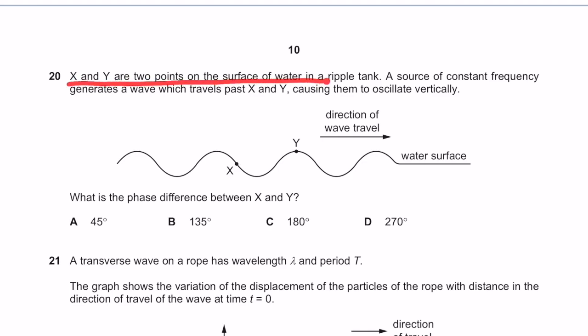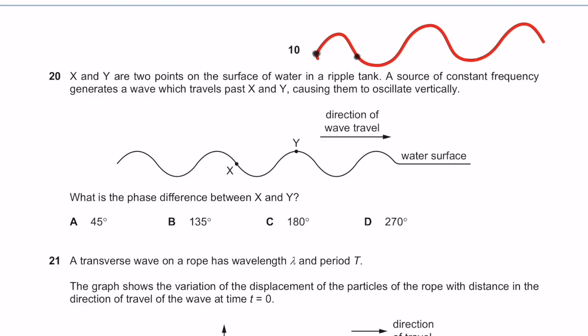X and Y are 2 points on the surface of water in a ripple tank. A source of constant frequency generates a wave which travels past X and Y, causing them to oscillate vertically. What is the phase difference between X and Y? Okay, let's focus on background knowledge. Let's think in a wave, we have 2 points, one here, the other one here.